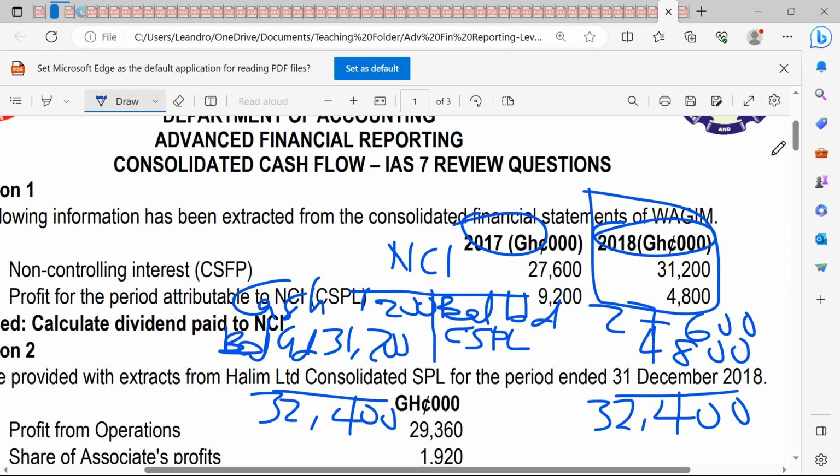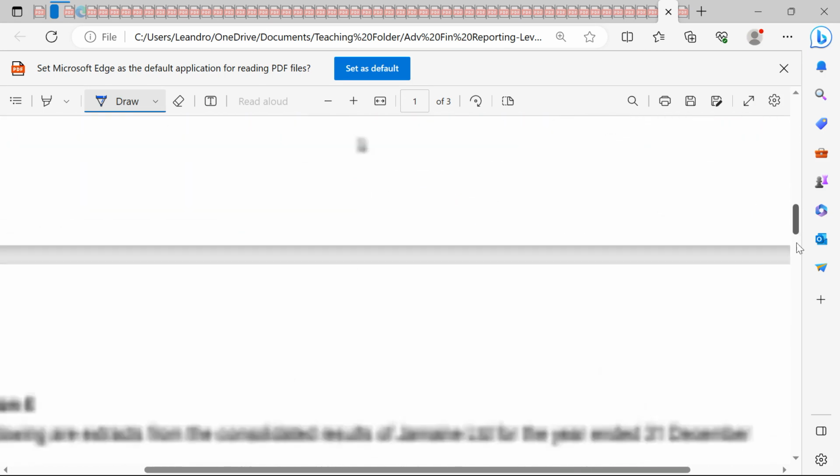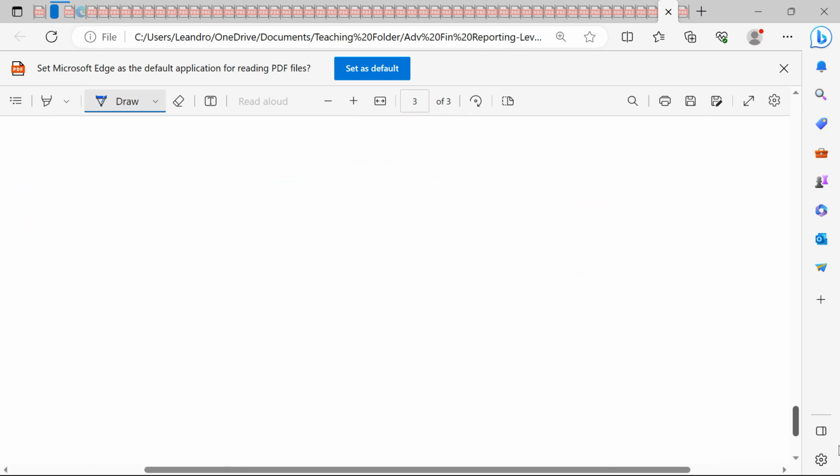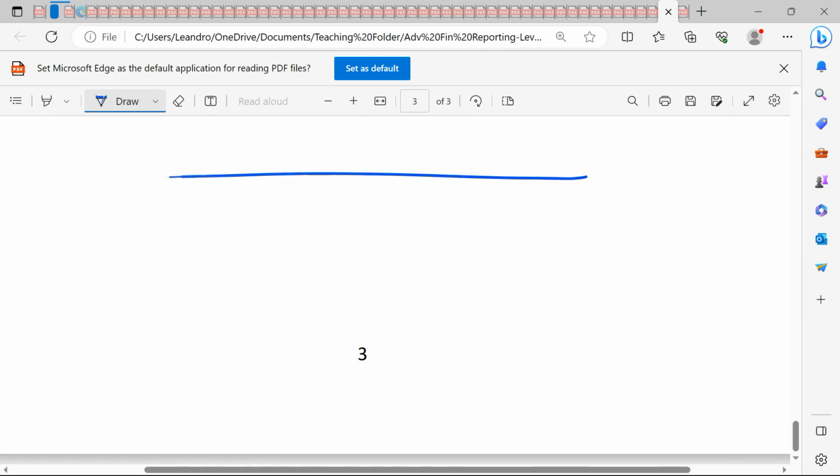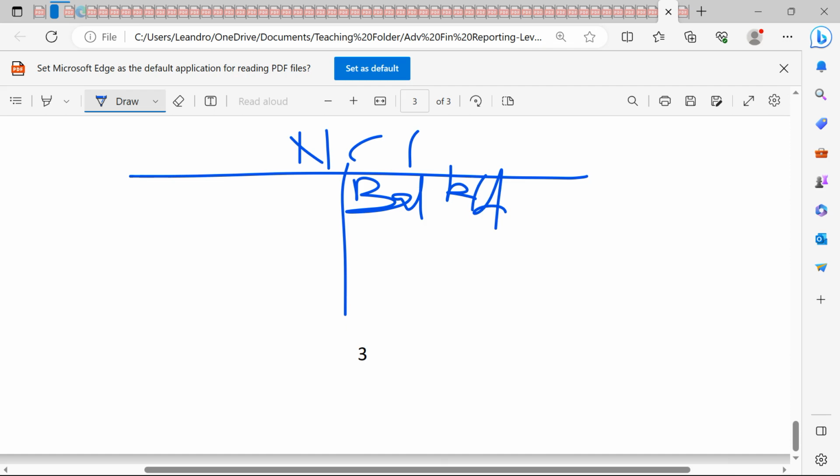Okay, let's prepare this better. So prepare your T account for NCI. Your balance brought down is a credit balance, which is 27,600.